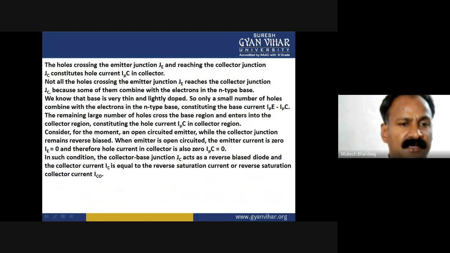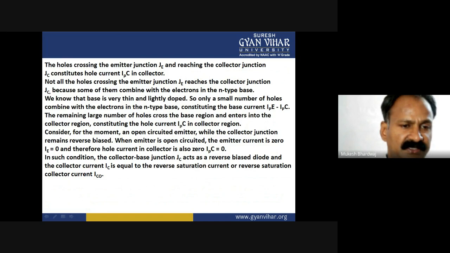The remaining large number of holes cross the base region and enter into the collector region, constituting the hole current IPC in the collector region. Consider for the moment an open circuited emitter while the collector junction remains reverse biased. When the emitter is open circuited, the emitter current is 0, and therefore the hole current in the collector is also 0.